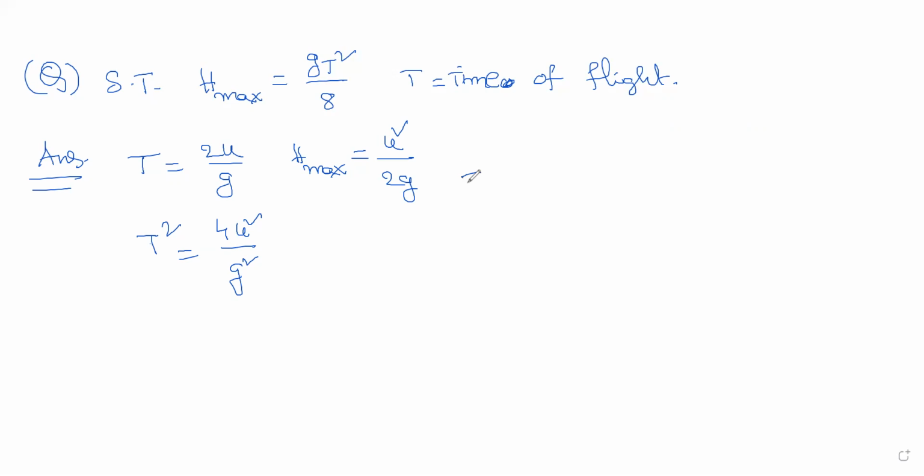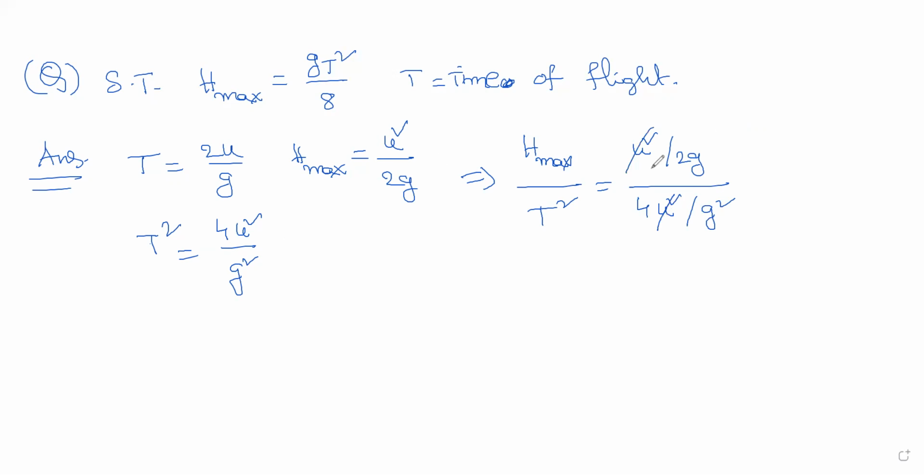Now what we have to do is divide these two. H max divided by t square. Let us find this. So I get u square by 2g whole divided by 4u square by g square. This is what I got.